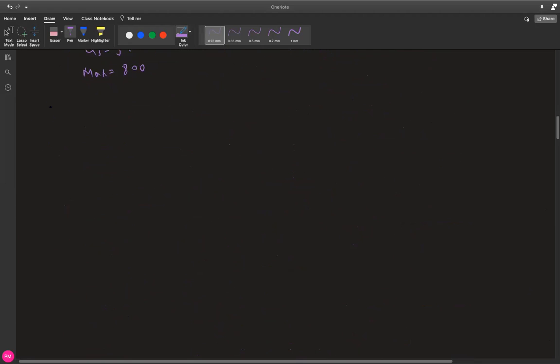The second part of this chapter is about the standard deviation. The standard deviation part is where it's the most time consuming. The concept itself I don't think is hard to understand, but finding the standard deviation takes a little more time, especially if the data is bigger.